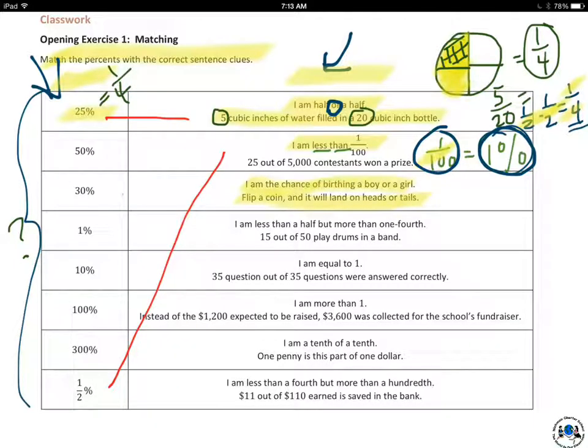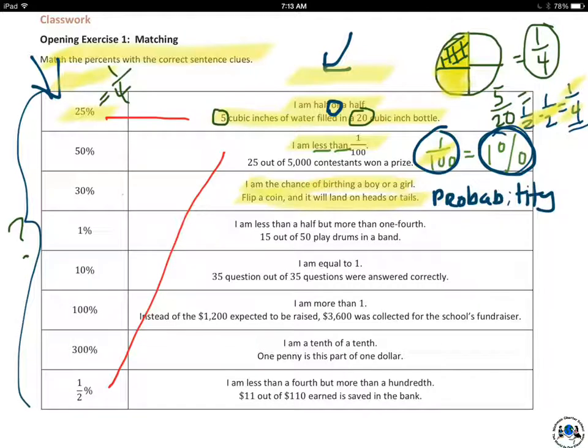Okay, so the next one is I am the chance of birthing a boy or a girl. This second one's probably better. Flip a coin and it would land on heads or tails, and that's in terms of probability. That's what this one kind of talks about, probability. What is the probability or the chance you will land on heads or tails?